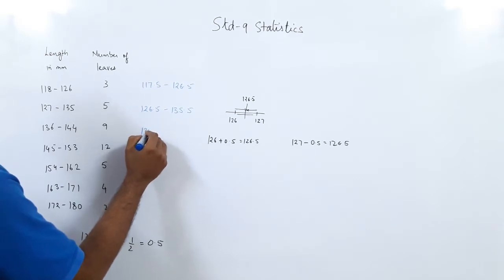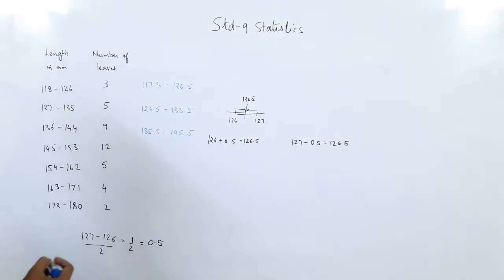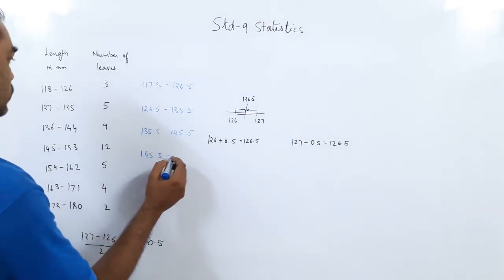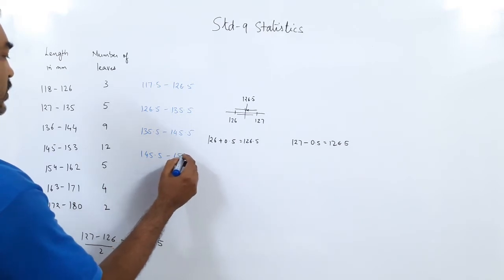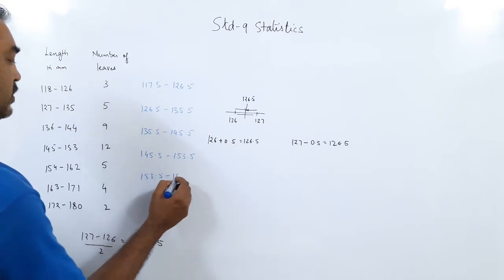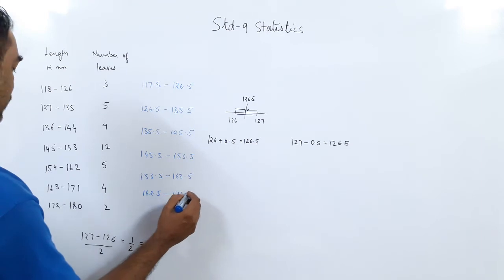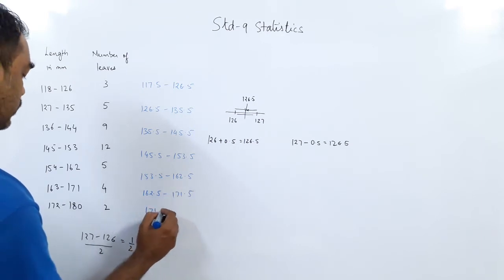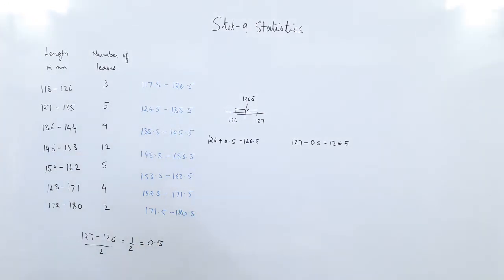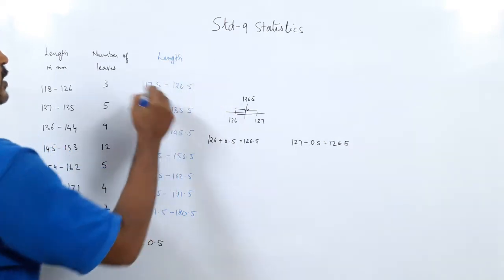Now you carry on: 135.5 to 145.5, then 145.5 to 153.5, 153.5 to 162.5, 162.5 to 171.5, and 171.5 to 180.5.